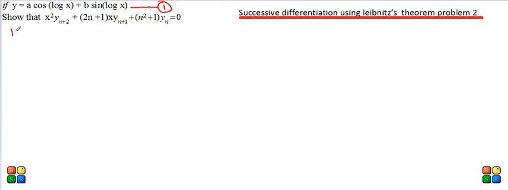As a rule we know it is successive differentiation, we have to differentiate again and again, but due to Leibniz we will differentiate only 2 times.